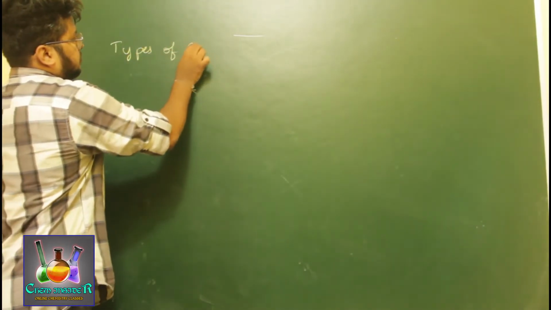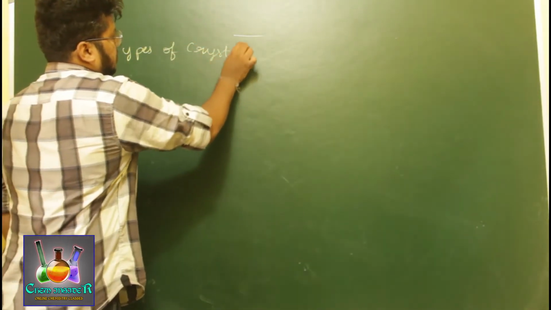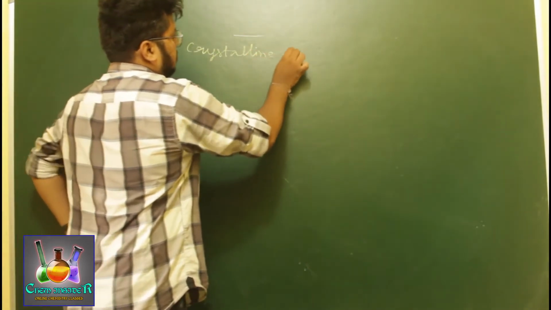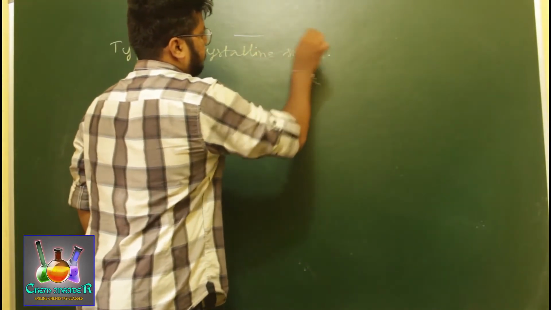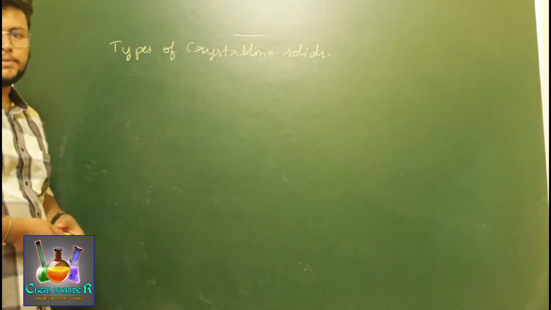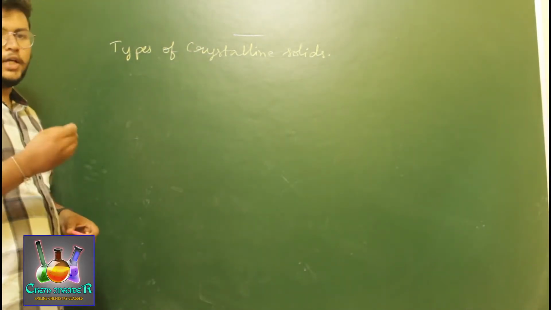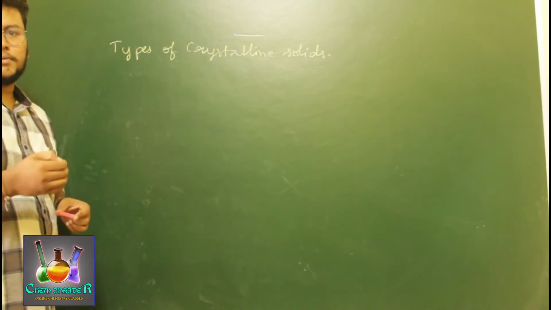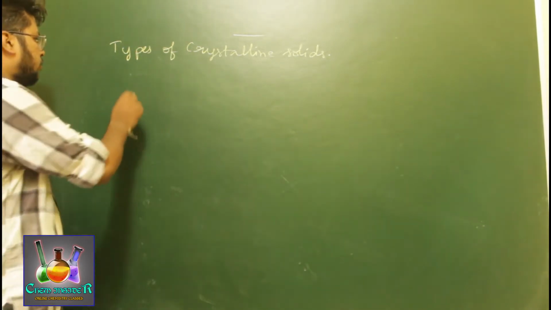Types of crystalline solids. Crystalline solids are classified into four types depending upon the nature of interaction between the atoms which make them.